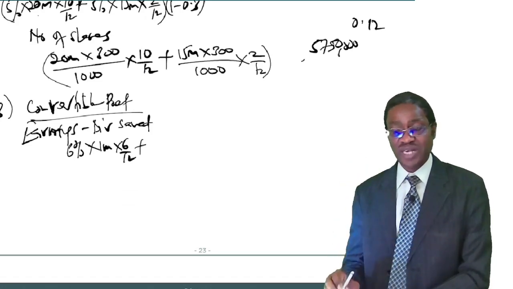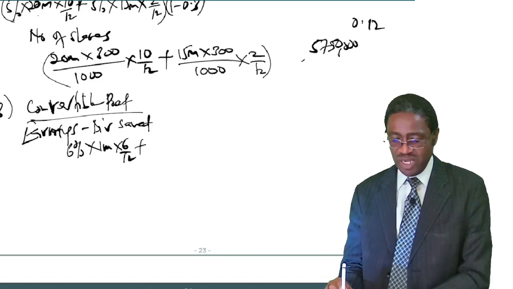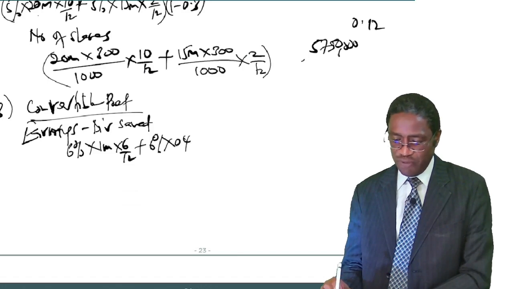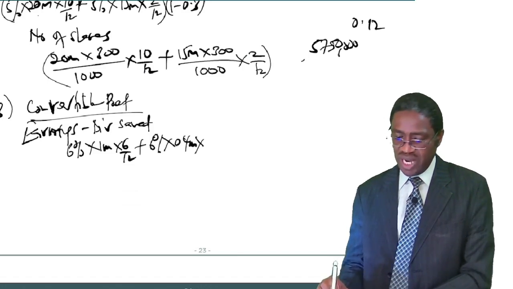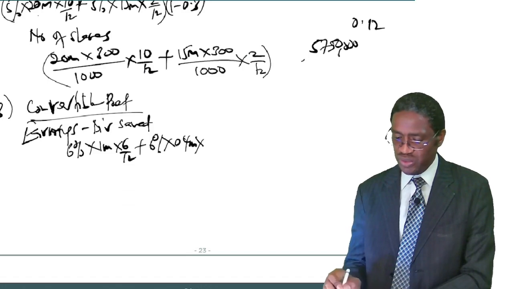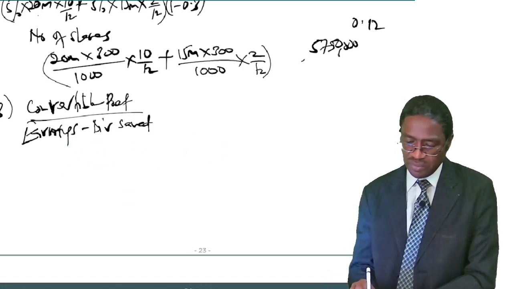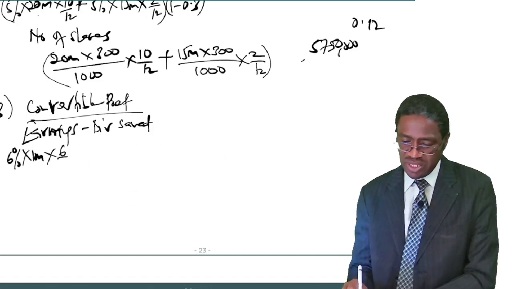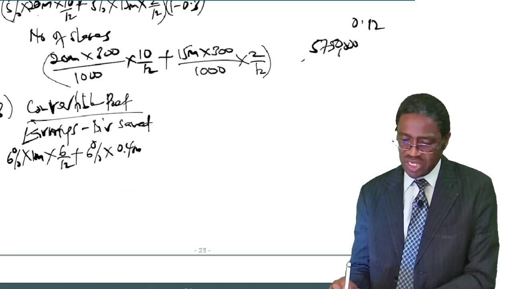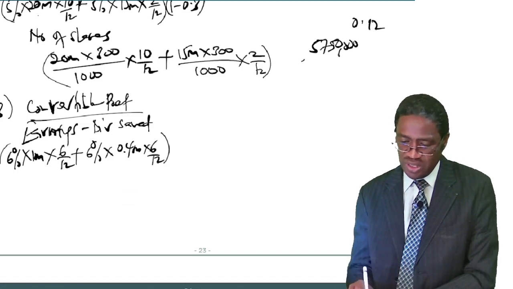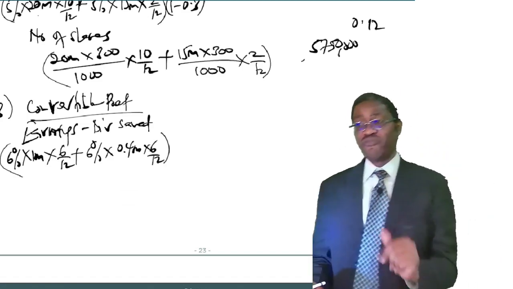Then we remain with 400, which is 6% of 0.4M times another 6/12. So this will be 6% of 1M times 6/12 plus 6% of 0.4M times another 6/12, which we got as 42.